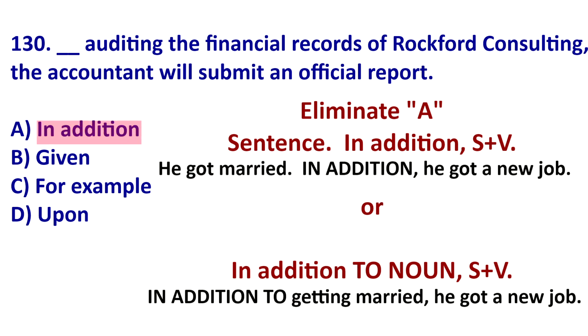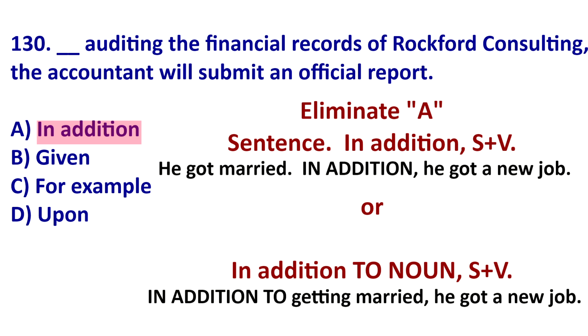First, let's eliminate in addition. In addition can be used in two ways. It can be: in addition, comma, subject, verb. You also need to have a sentence before it. Here's an example. He got married. In addition, he got a new job. So that's one way to use in addition.